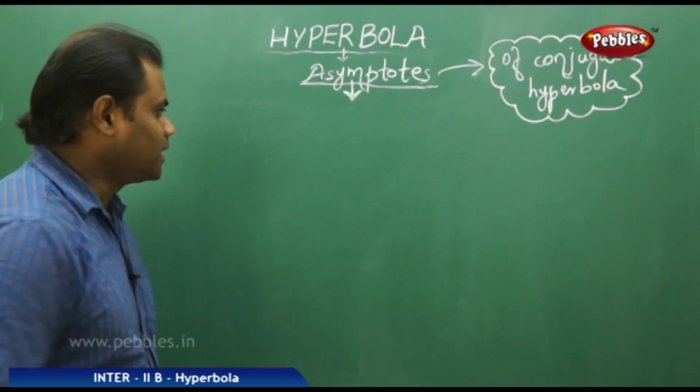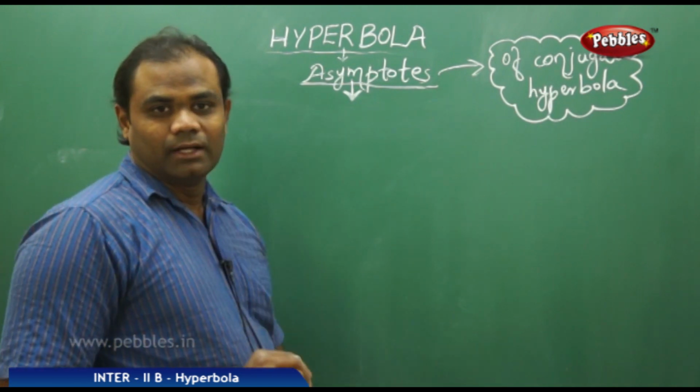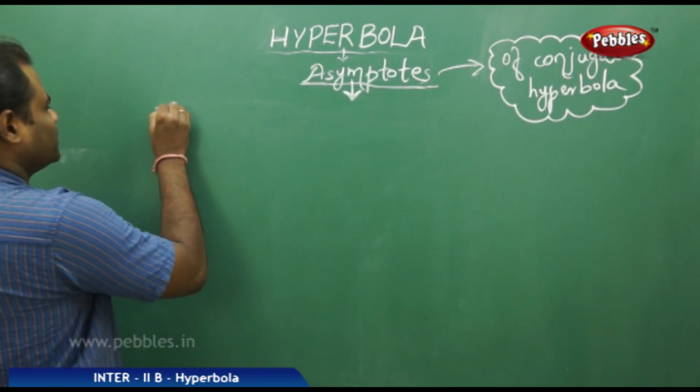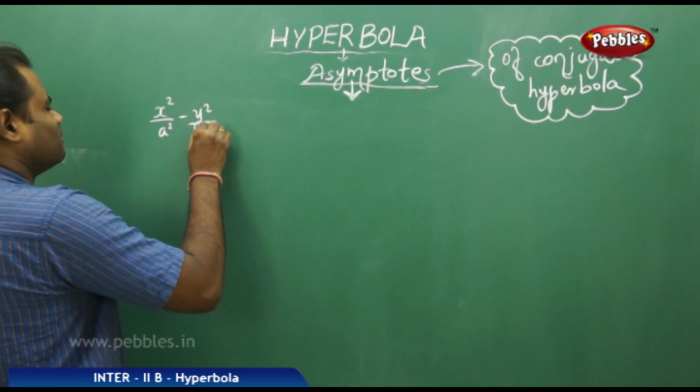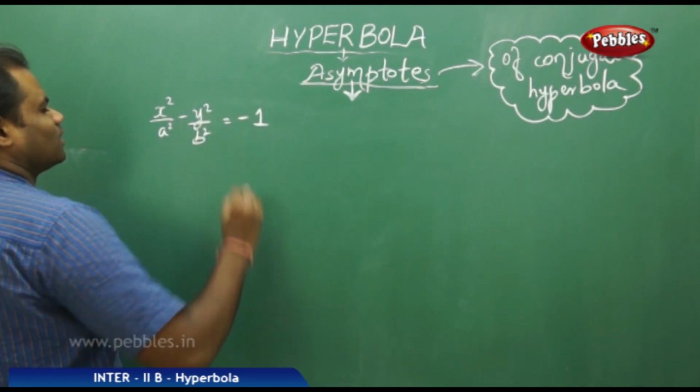Now suppose we take the conjugate hyperbola, which we know is given by the equation x squared by a squared minus y squared by b squared equals minus 1.